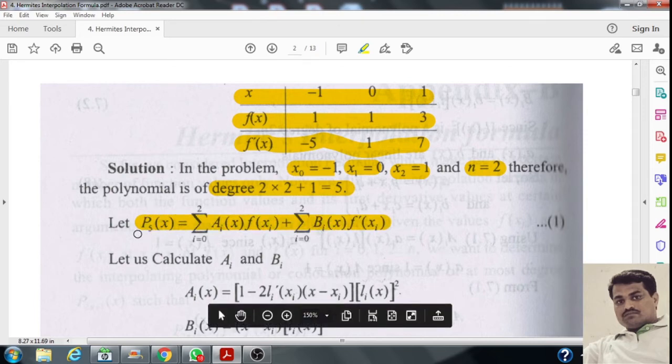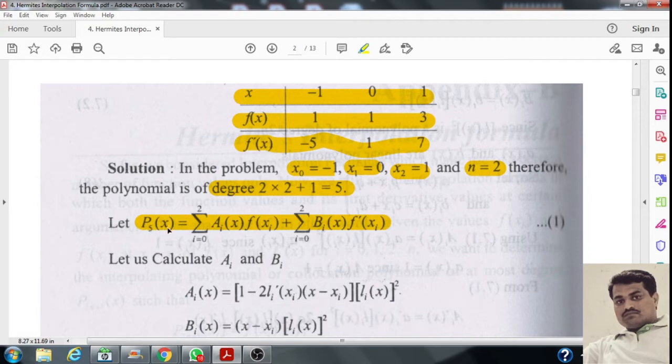P5(x), you can write it as p(x) anyway, I am writing 5 because the degree of the polynomial is 5, is equal to the summation from i = 0 to 2 of A_i(x) f(x_i) plus the summation from i = 0 to 2, because n = 2, of B_i(x) f'(x_i).